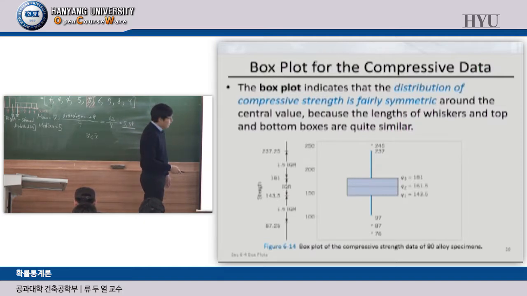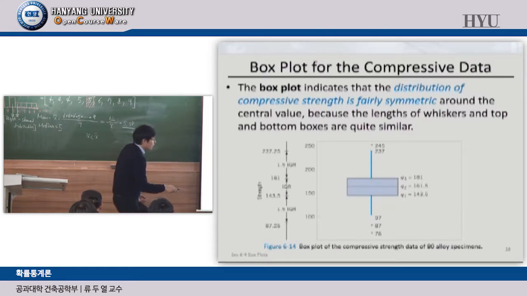And we can determine the second quartile, that is 161.5. Also, we can draw the first quartile and the third quartile. And we can determine the smallest value within the range of 1.5 times interquartile range, and also the largest value within the range of 1.5 times interquartile range from the third quartile line.